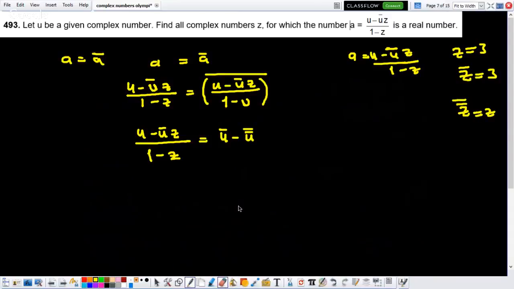So instead of this one directly, I'm going to write u times z conjugate over 1, since 1 is a real number it's not going to change, 1 minus z conjugate. I made a mistake at the second part here.